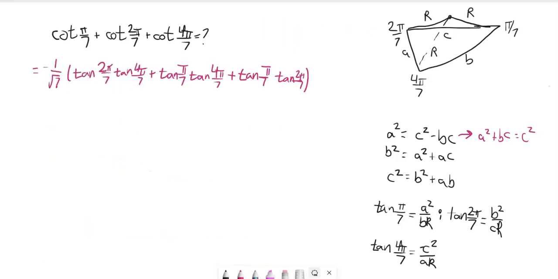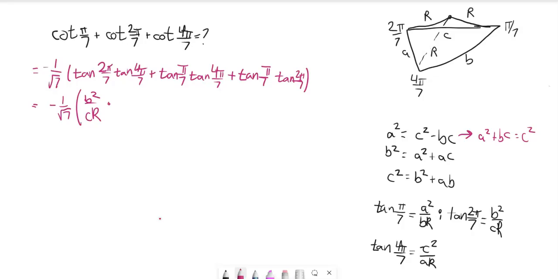Okay, now that we have the screen clear and I have the last line moved to the top, let's change these tangents into their variable ratio forms. So the tangent of 2 pi over 7, as I have written down there, is b squared over cr.